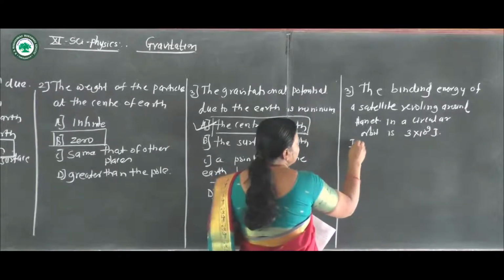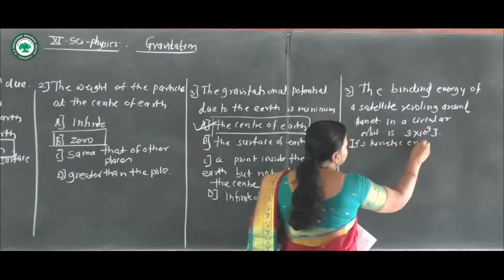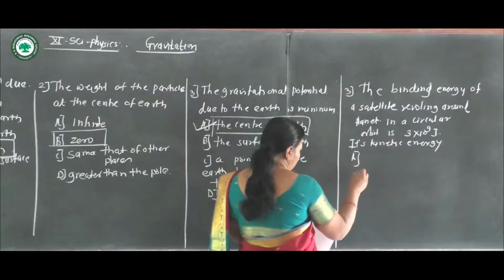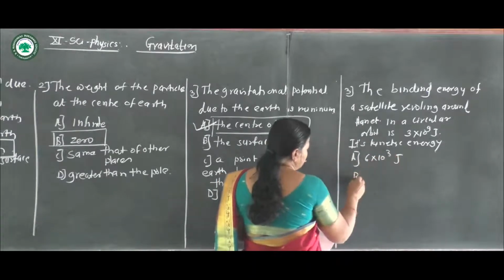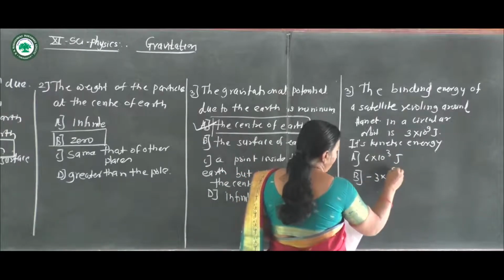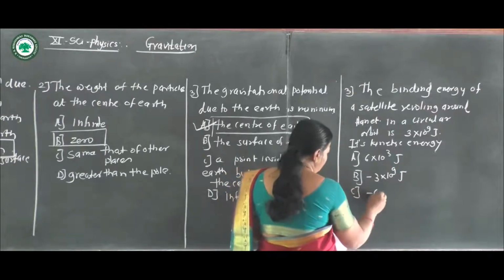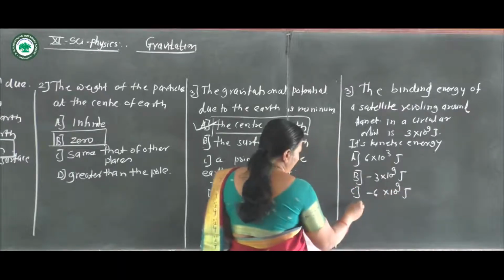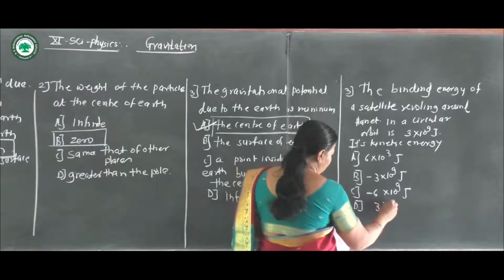Its kinetic energy is, first option, 6 into 10 raised to 3 joule; B option, minus 3 into 10 raised to 9 joule; C option, minus 6 into 10 raised to 9 joule; and last option, D option, 3 into 10 raised to 9 joule.